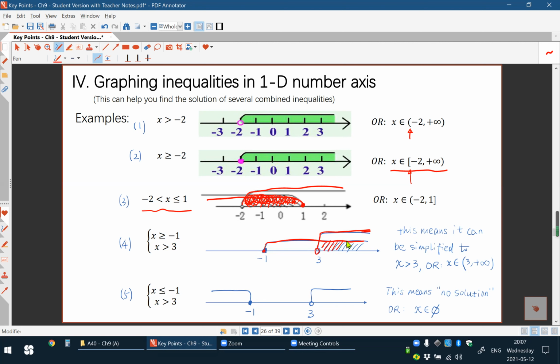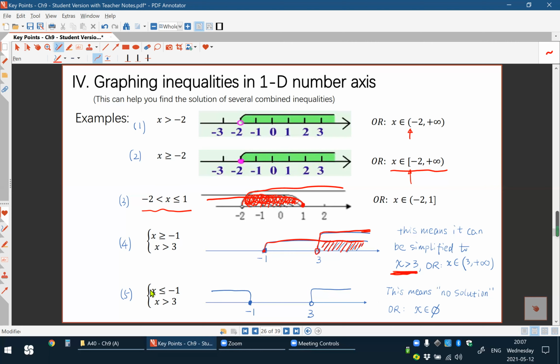The shaded area is the overlapped part, right? So this expression can be simplified to only x is above 3, okay? Because this is the overlapped area. Or you can use the other notation, x belongs to the interval of 3 to positive infinity.